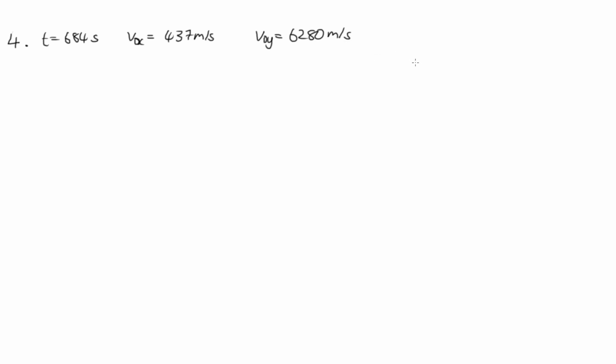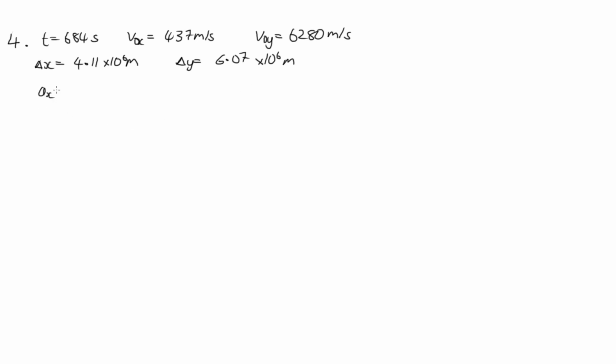And while the engines are firing, the displacement is in the x direction, delta x is equal to 4.11 times 10 to the 6 meters, and delta y is equal to 6.07 times 10 to the 6 meters.